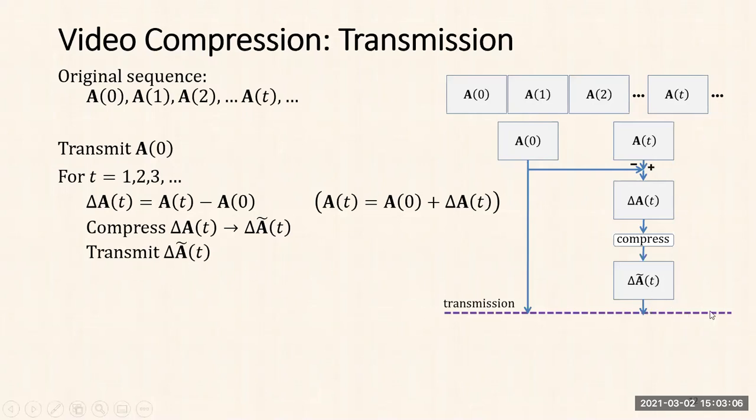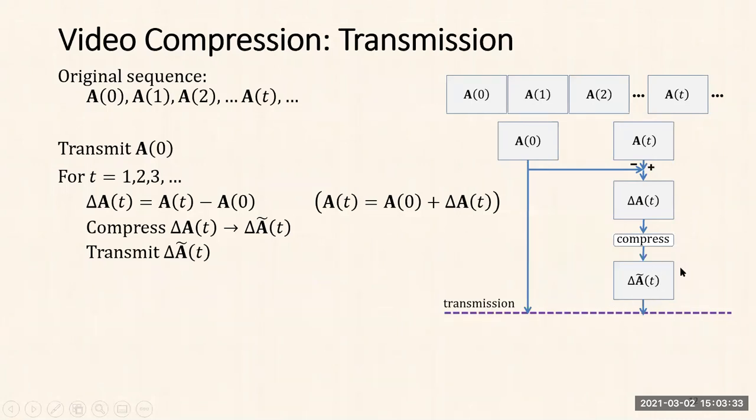This purple horizontal dashed line is the barrier between transmission and receiving ends. So we are transmitting A0 first, and then delta A tilde 1, delta A tilde 2, delta A tilde 3, and so on.